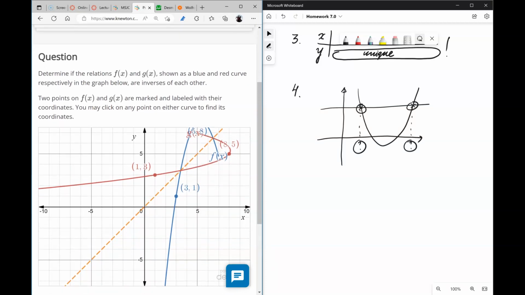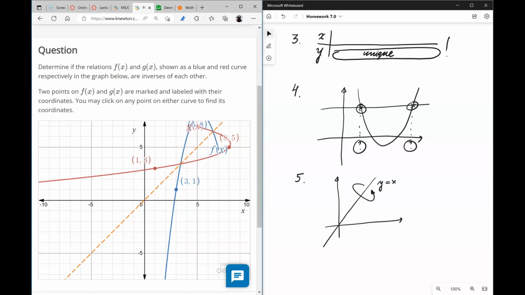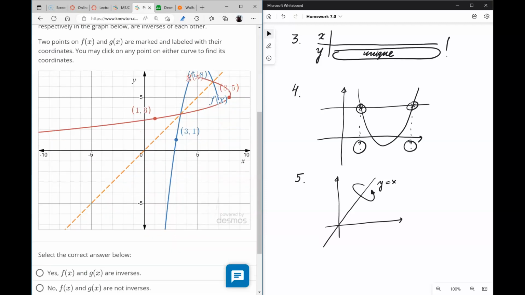Here, to determine if a relation is an inverse of another one, we just have to check for symmetry over the y equals x line. Again, we do that by tilting our head sideways and inspecting this graph for symmetry, and it does look symmetric to me.